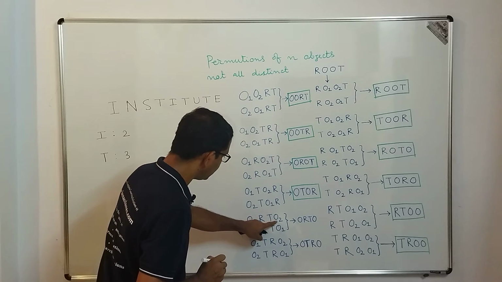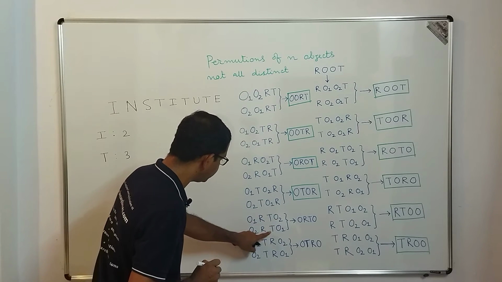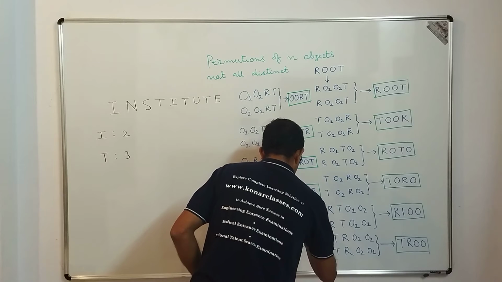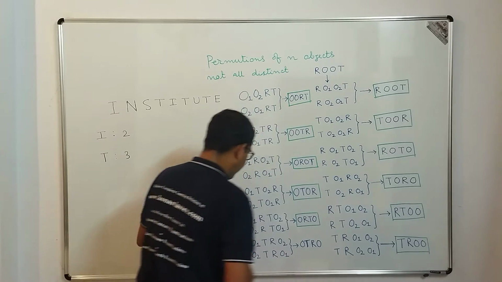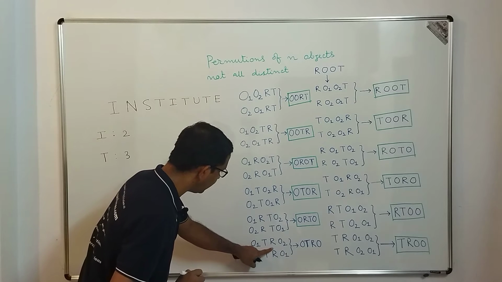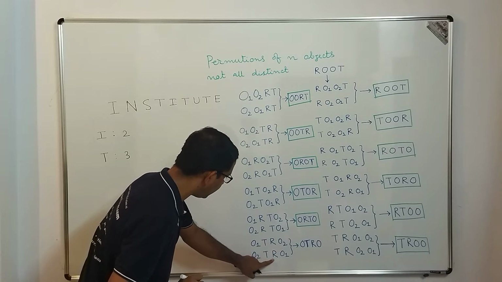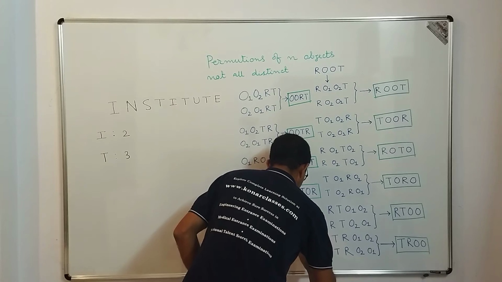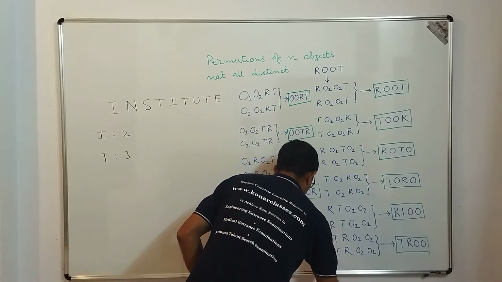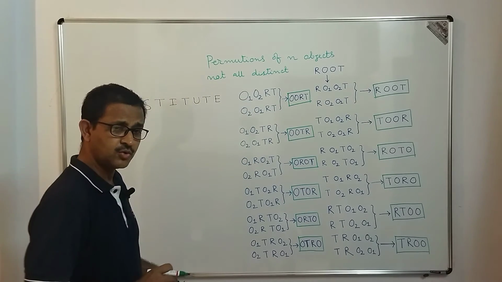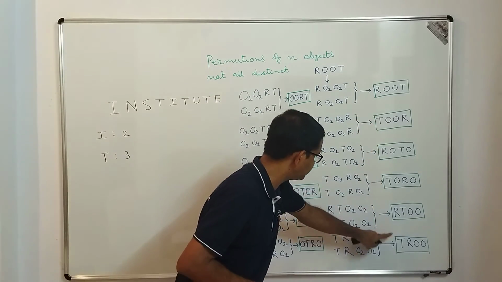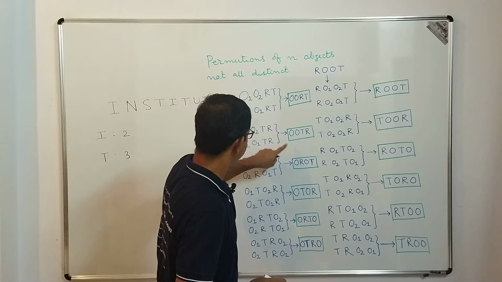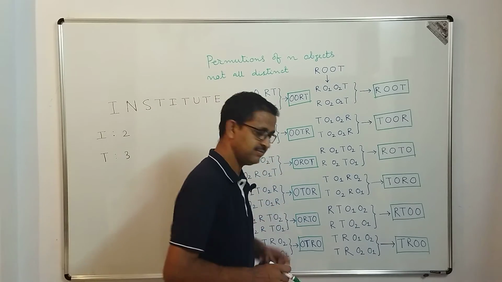O1 R T O2 and O2 R T O1 clubbed together to get ORTO. And finally O1 T R O2 and O2 T R O1 clubbed together to get OTRO. So what is the total number of arrangements? 1, 2, 3, 4, 5, 6, 7, 8, 9, 10, 11, 12.